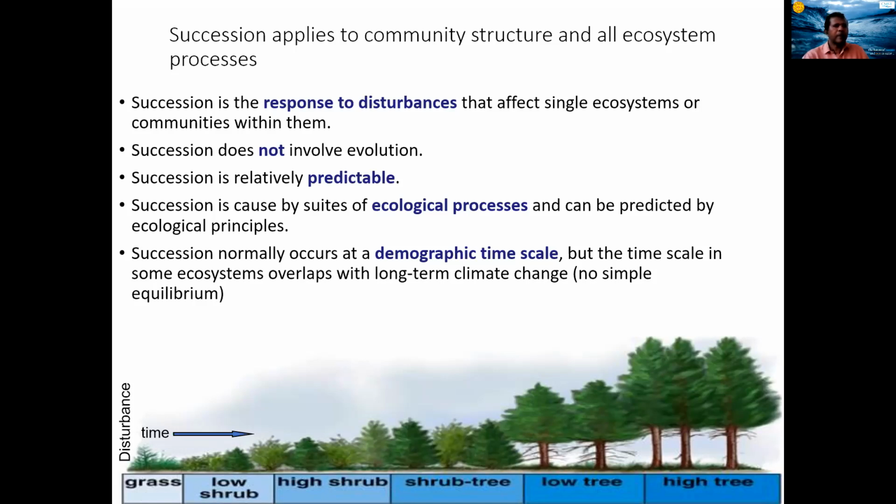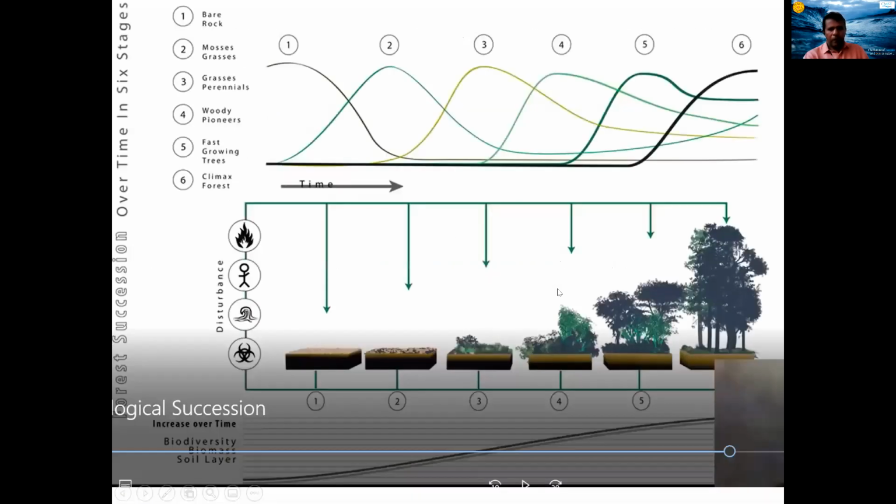And also, theoretically we can think of the time scales of when it's going to happen, like how long it will take to come back to a normal situation, right? So that's about succession.